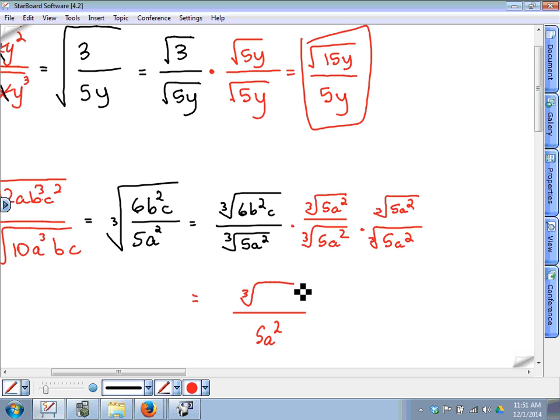But then in the numerator, we have 6 times 5 is 30, times 5 is 150. A to the 4th, b squared, c.